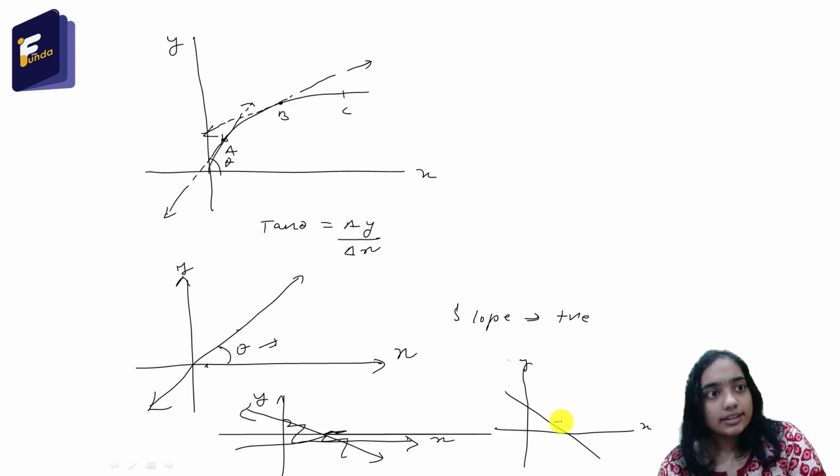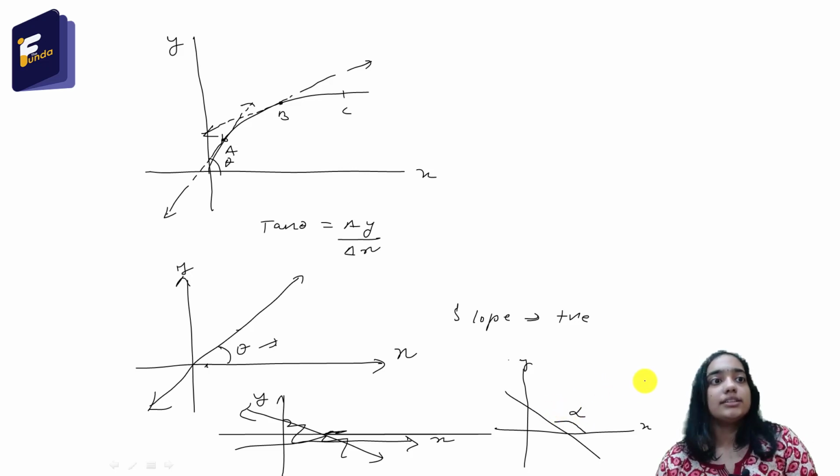The angle that this line makes, say alpha, with the x-axis is an obtuse angle, that is it is greater than 90 degree, so the slope is negative.